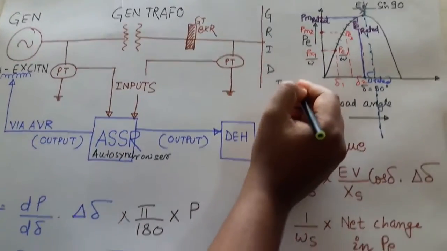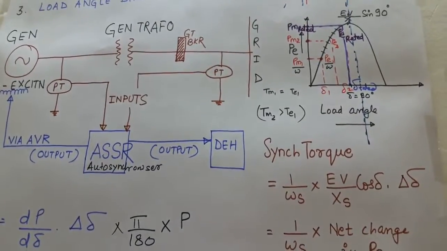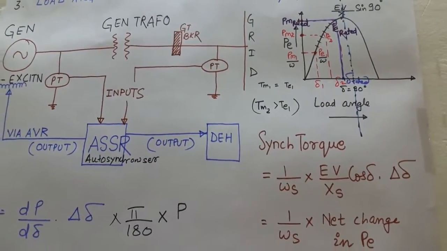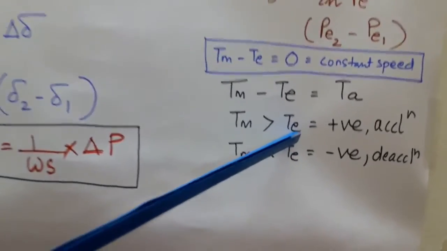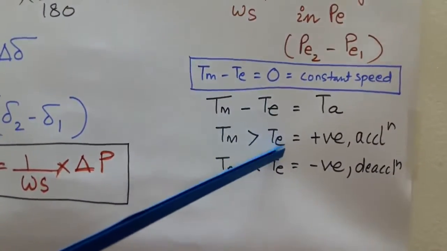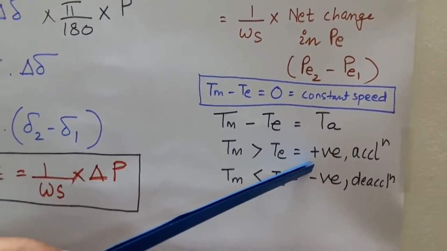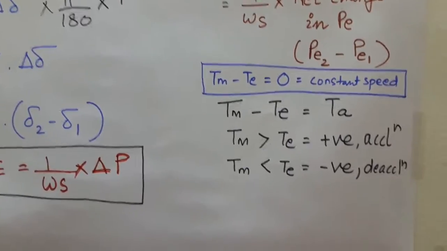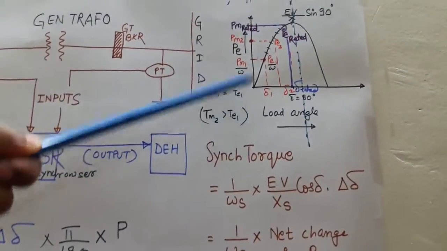So TM1 is equal to TE1, so there is no acceleration. For acceleration, the condition is that Tm should be greater than Te. If Tm becomes greater than Te, the acceleration torque will become positive and there will be acceleration in the rotor. So at this point, Tm1 and Te1 both are equal.